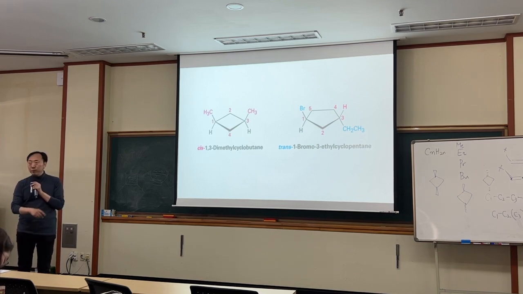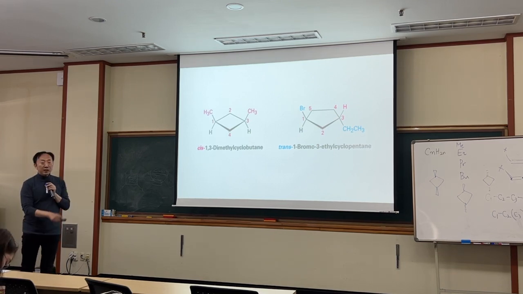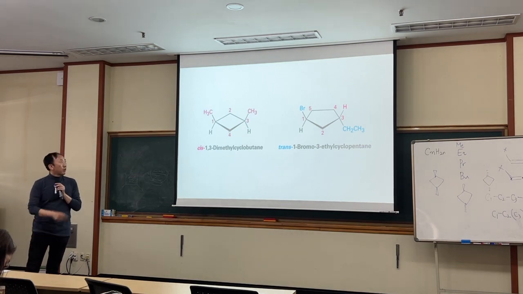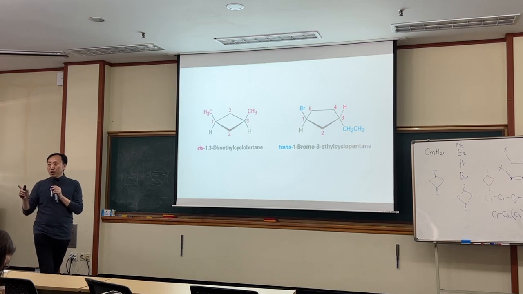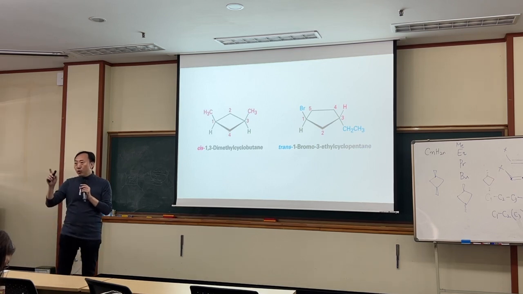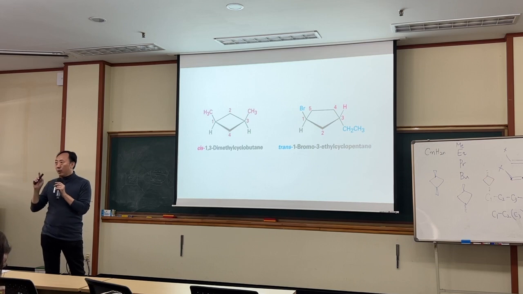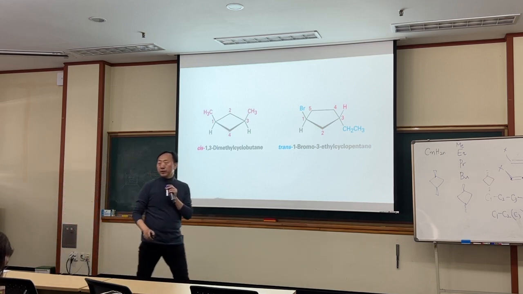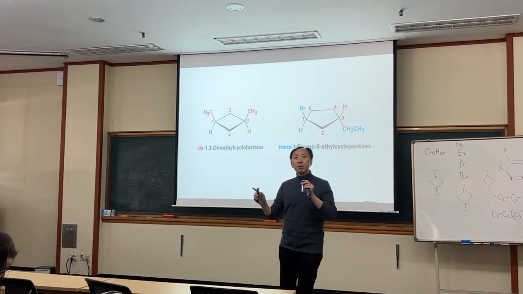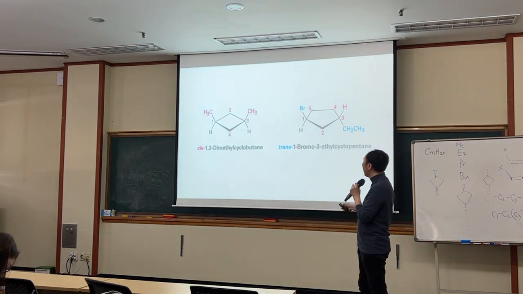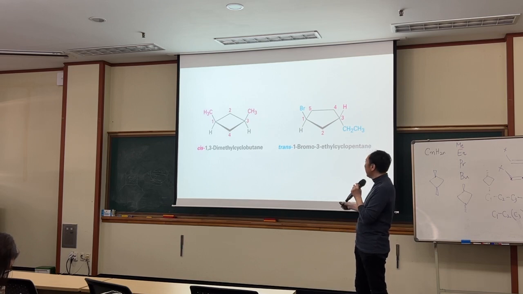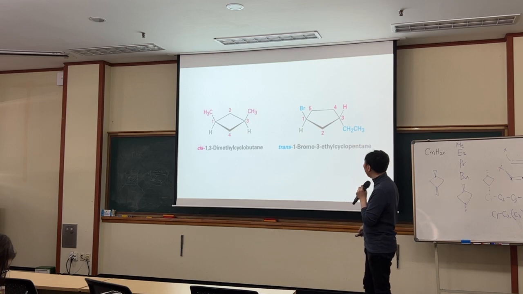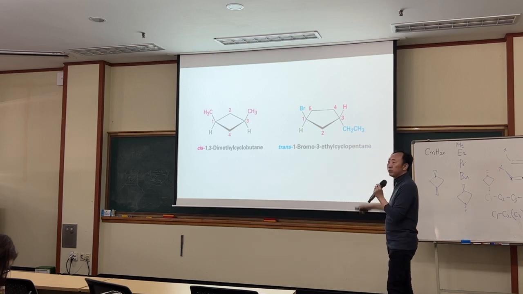Those are in the trans form. If all four are different, bromo, chloro, proton, ethyl, then we need to think about which one we should take for comparison. That's what we're going to study next week, the stereochemistry side. But the simple way for cis and trans is usually to take the same one or the bigger same one. Okay, 2-methyl, and in this case it doesn't matter, methyl or proton. You compare this one to this one.